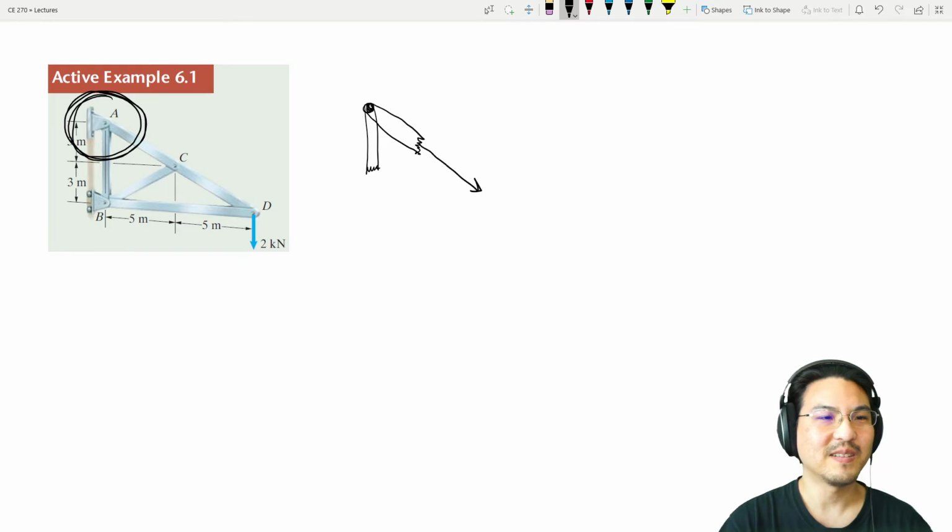So let's stick to that convention. Tension here between joints A and C, so I'll write T for tension, AC. And here, tension between joints A and B, so I'll write T for tension, AB.